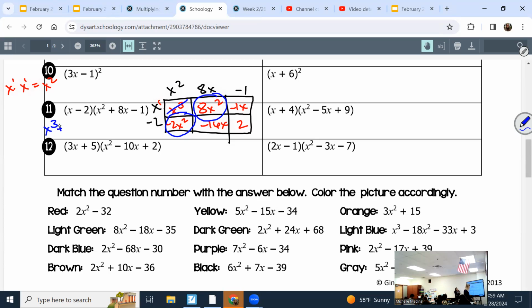A +6, and then x squared is still there, you don't change the variable part when you combine. I'm gonna cross these out because I'm done with them now. Does this x term have a like term? Yeah, I have another x term to the first power. What's -16x plus -1x?